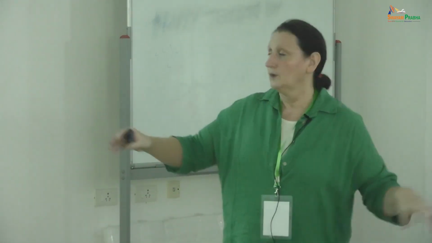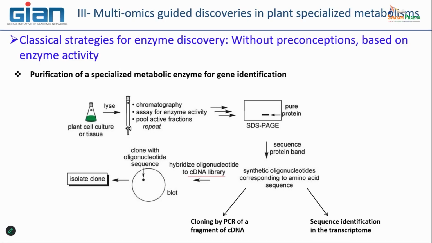If the activity is present in several fractions or subfractions, you can pool them, and after you can separate all the proteins by a classical polyacrylamide gel electrophoresis strategy. And by this way, you can separate all the proteins.